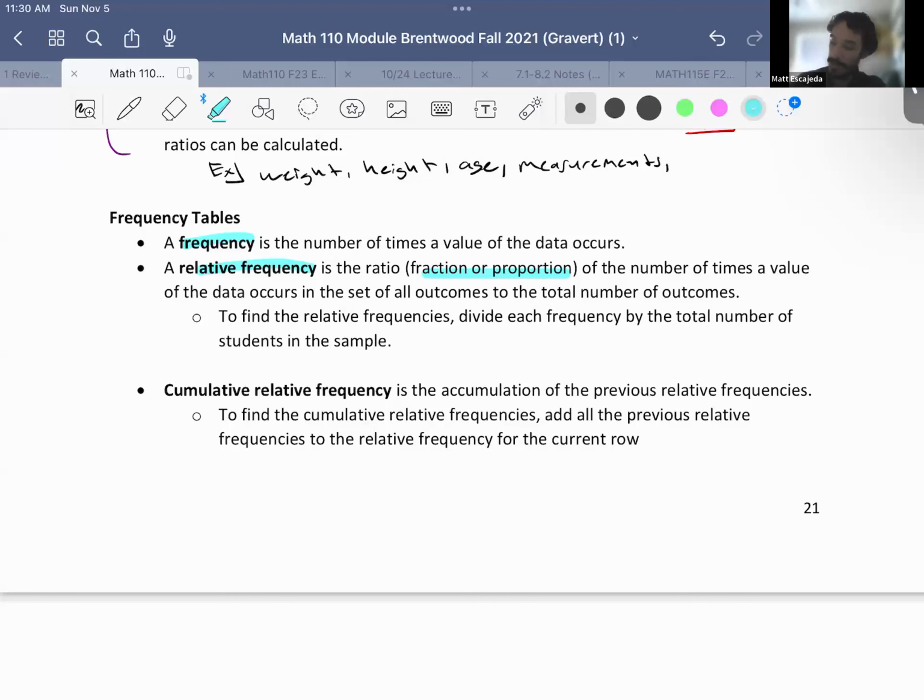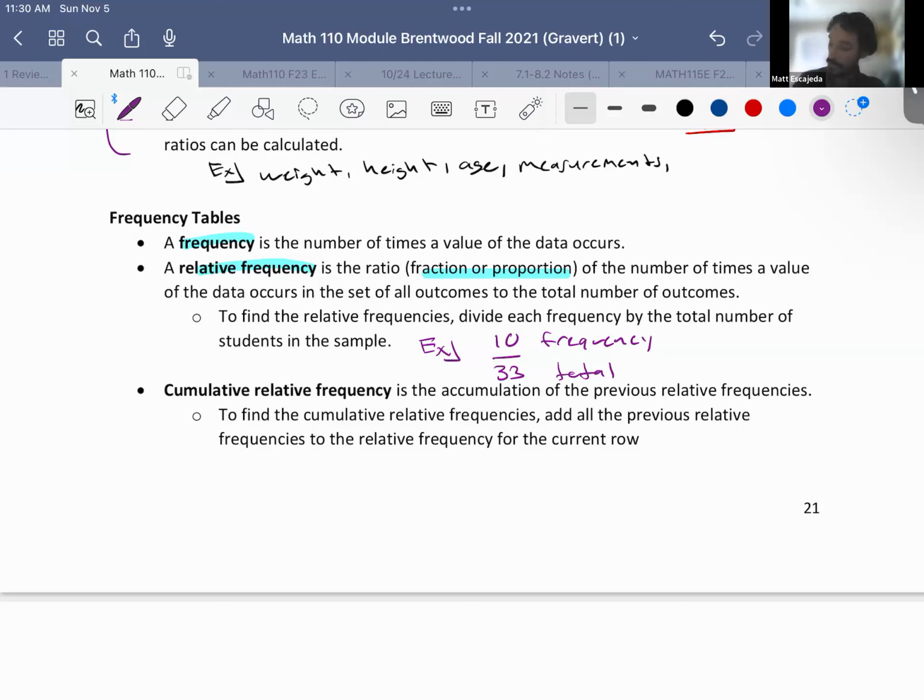A lot of words, but what this is really saying is that say you have a frequency of 10, like the number of times that value of the data occurs, and then say you have a total number in the sample.